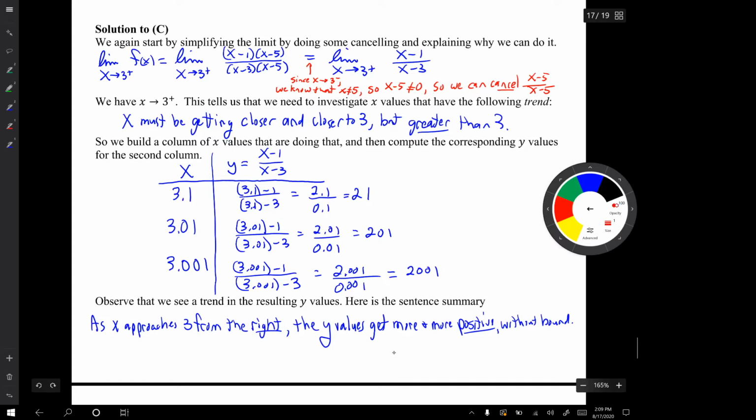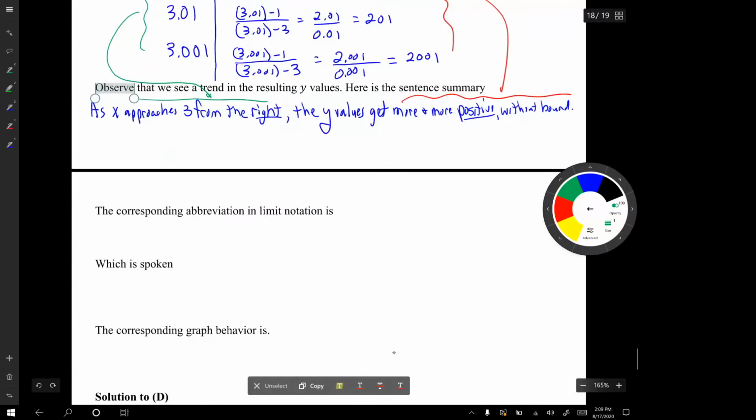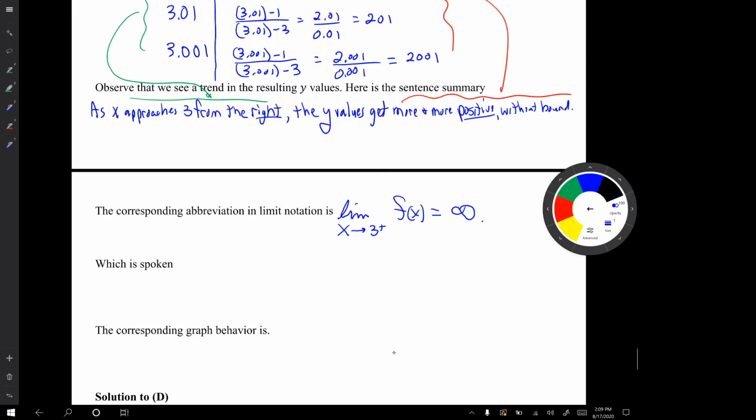So we observed this behavior in the y values, and we observed this behavior in the x values that we built. The corresponding abbreviation in limit notation is the following. This is spoken, the limit as x approaches 3 from the right of f of x is infinity.